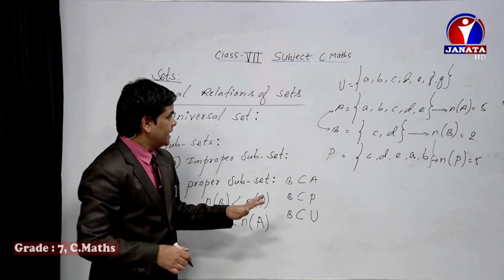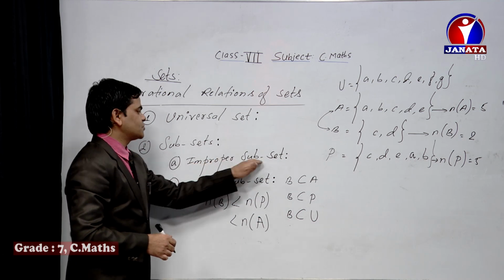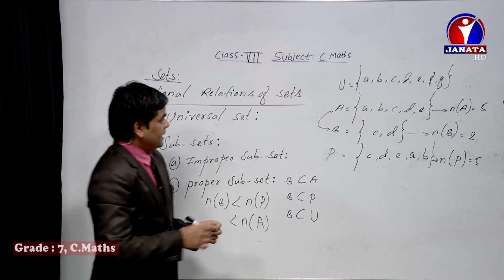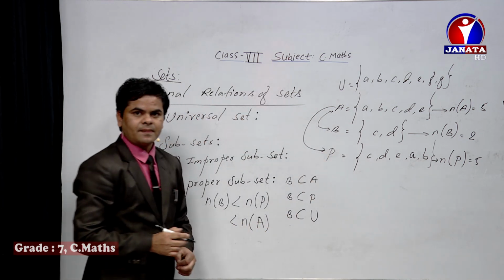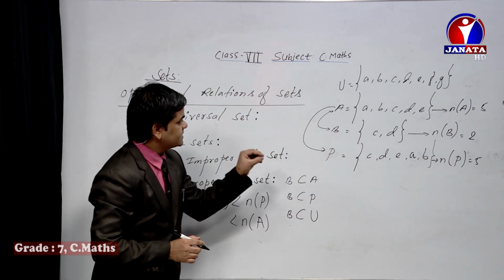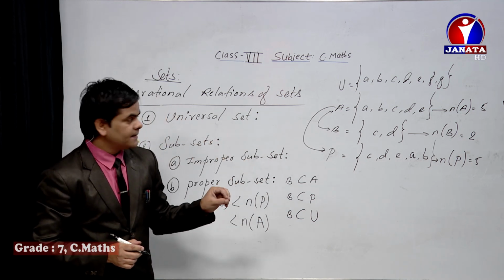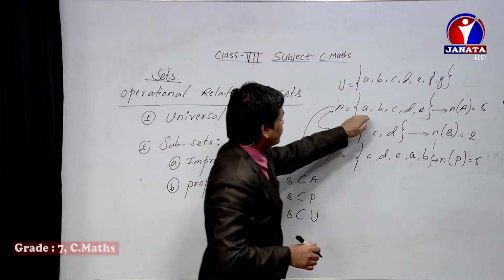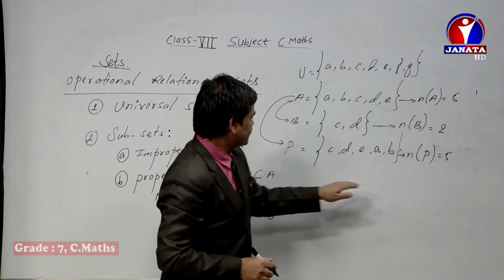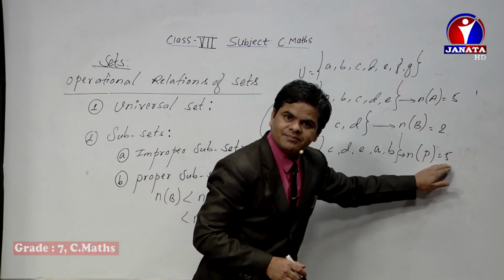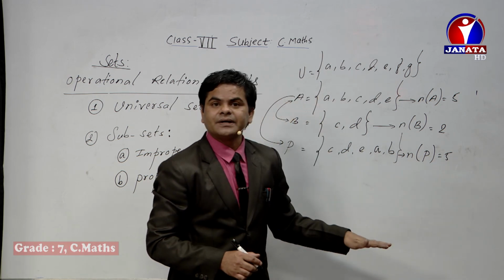Are you clear? Now let's go to the improper subset. If you see the relationship between sets A and P, dear students, cardinally there are 5 elements in A, and in P also there are 5 elements. They are equal.